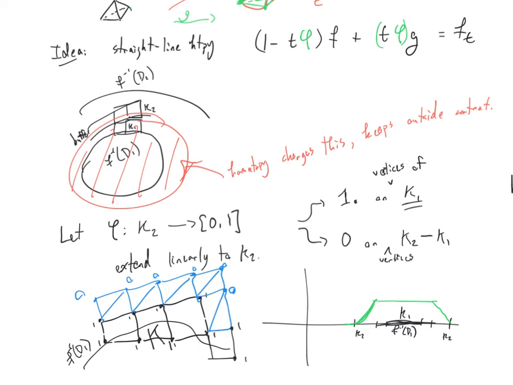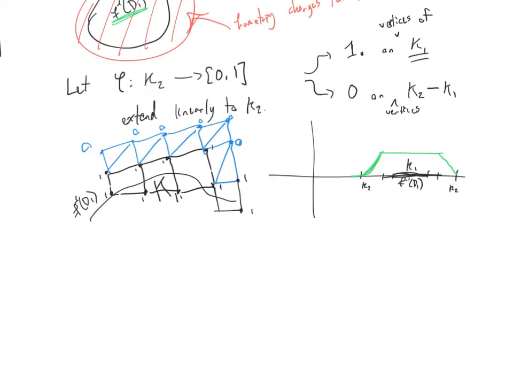Yeah, and so we have something that's not doing anything out at F inverse D2, and it is doing something in at F inverse of D1. So it's not doing anything at F inverse D2's boundary, and it is doing something on the interior.